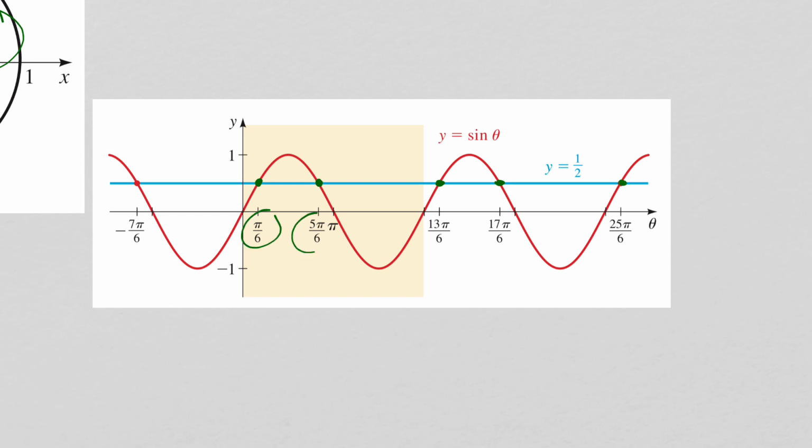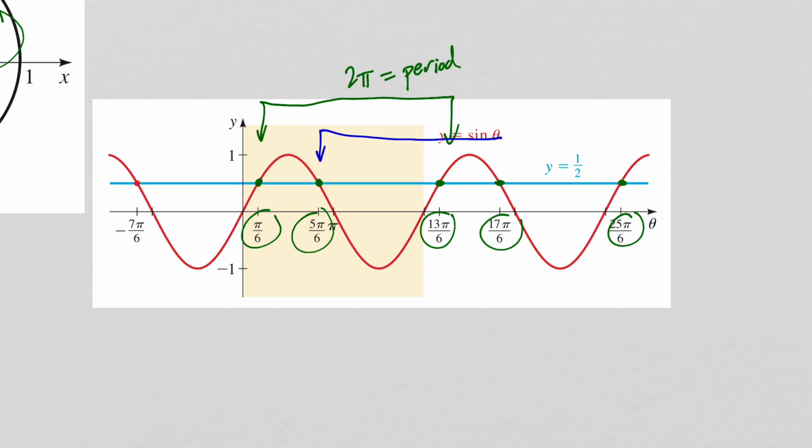And we have some of these values listed here. Now, this is, of course, because the sine function is a periodic function. So the horizontal distance between this value of x and this value of x is 2 pi, because that is the period of the sine function. And the distance between this value of x and this value of x is also 2 pi.